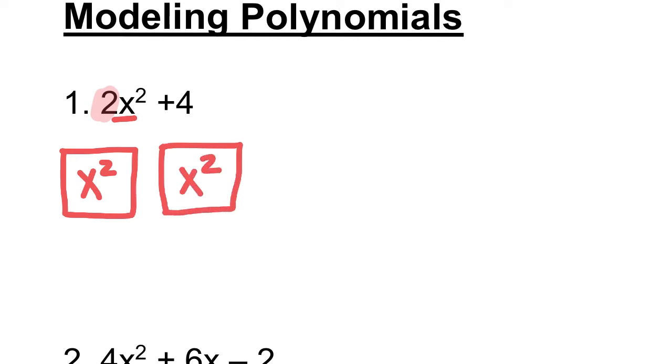And there's 2 of them. That's the coefficient. And then it says plus 4. When we're talking about the numbers, we're going to represent the number 4 by 4 of the small unit tiles. So this is 2x squared plus 4 represented.